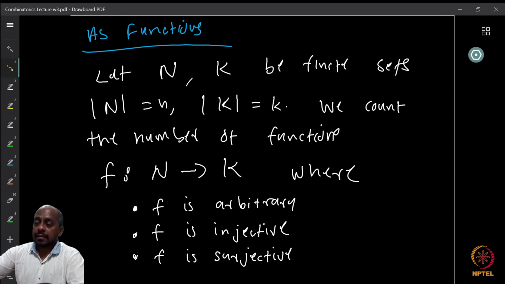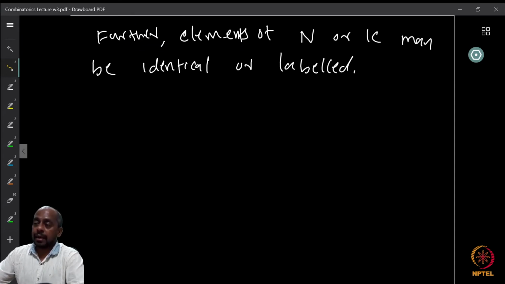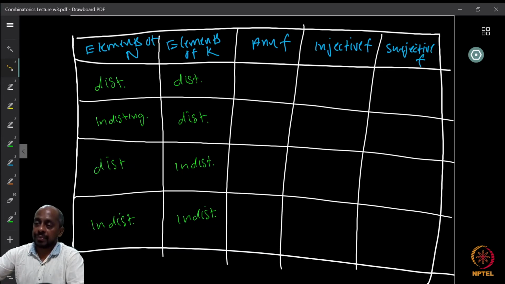So these are 3 possible restrictions that you can put. And then similarly, we can say that the elements of N or K may be identical, or they are labeled to make them distinct. Right? So these are the 4 different scenarios. So 4 into 3, 12 again. So what are the cases here? Elements of N, elements of K, right? They are distinguishable or indistinguishable.